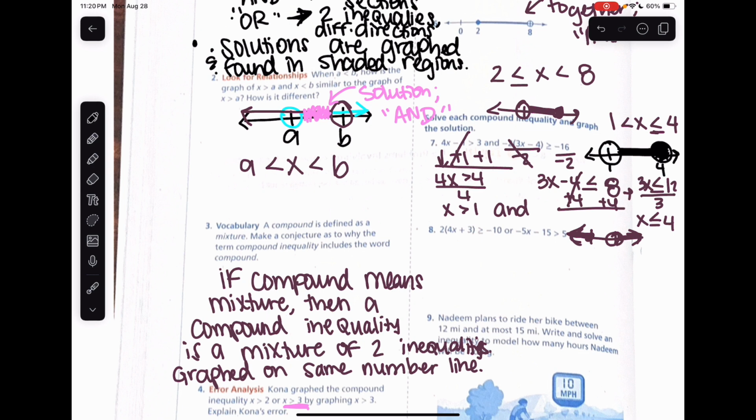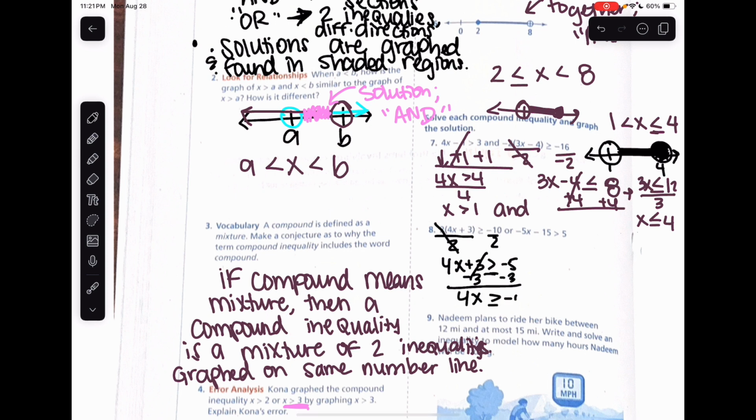All right, number 8. We still have 2 different ones, so let's go ahead and solve. Okay. So I'm going to go ahead and divide both sides by 2. So I'm going to have 4x plus 3 is greater than or equal to negative 5 minus 3 on both sides. 4x is greater than or equal to negative 8 and divide by 4.